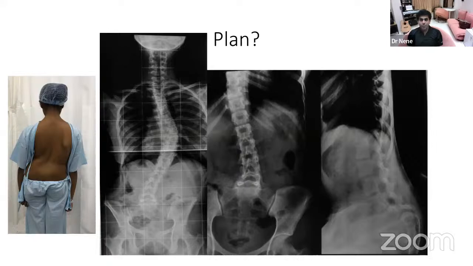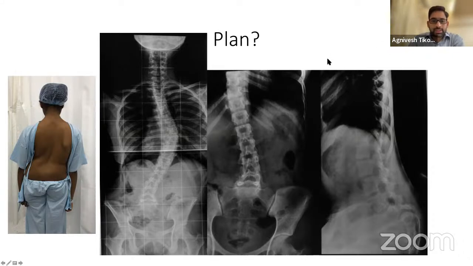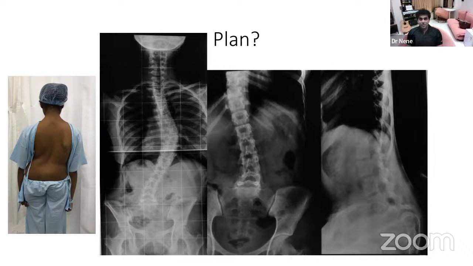Dr. Agnivesh, can you point out something here that worries you and something here that makes you feel happy? Sir, are you talking about the reduction plan? So everything, like you're now the surgeon in charge, and something that would bring a smile to your face and something that makes you worry.